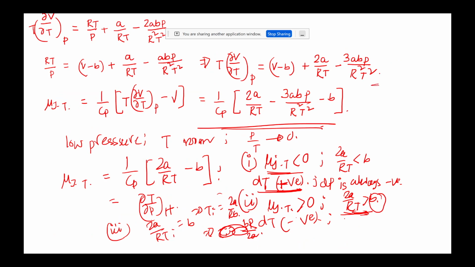Now let's say you don't want to neglect this term, and you put it here and keep it, then you can get the maxima and minima of the inversion temperature.